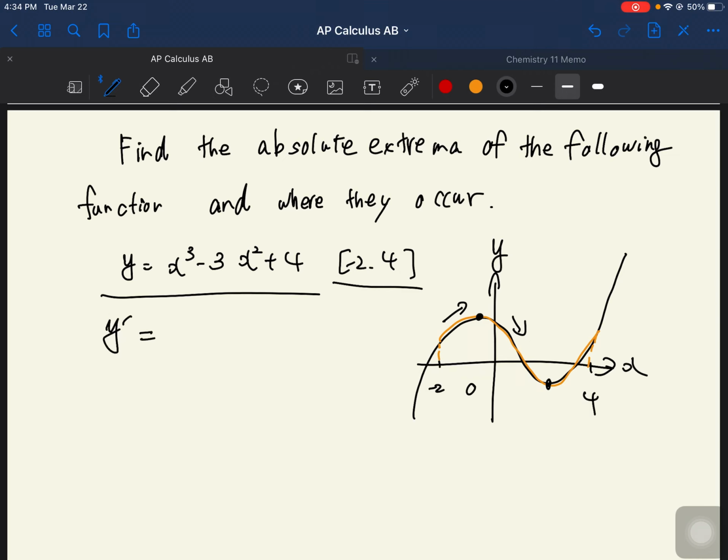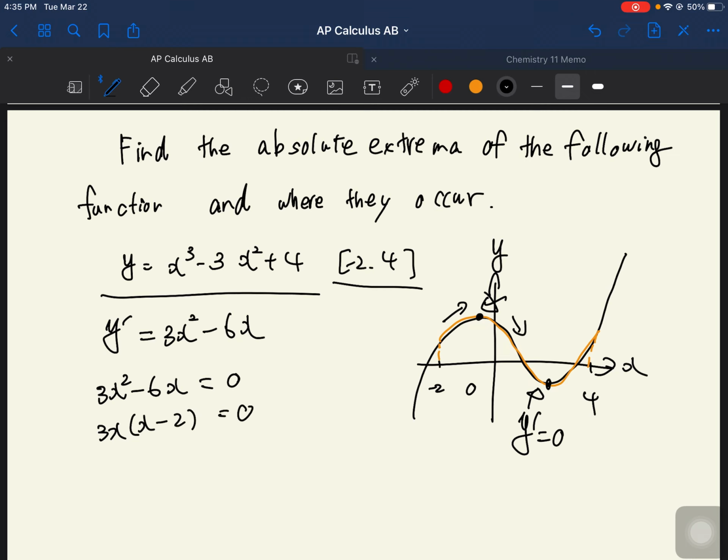So to find the critical value, I mean here, like this value, you have to differentiate this function. Let's have y prime equals 3x squared minus 6x. Then when y prime equals 0, the graph has the critical point. So let me find when y prime is going to be 0.